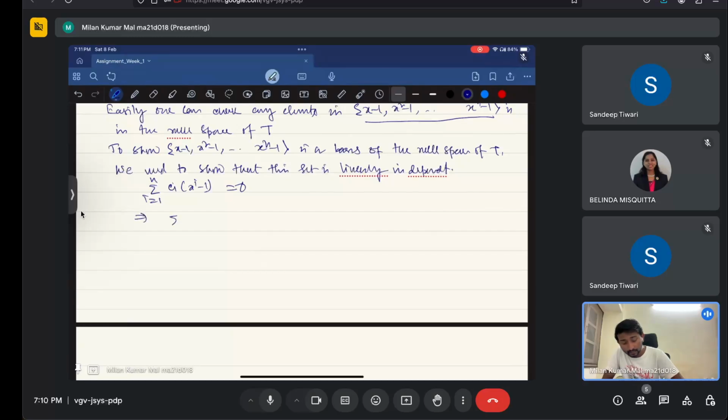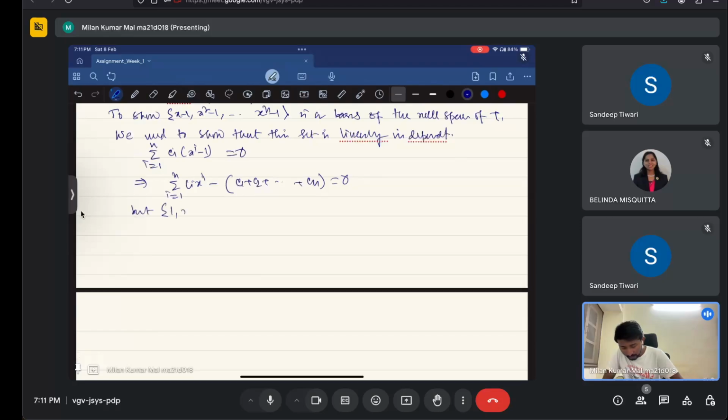That implies that the summation of i equals 1 to n of C_i x to the power i, minus (C1 plus C2 plus all the way C_n), is equal to 0. But the set 1, x square, all the way x to the power n is linearly independent. Therefore we will have C1 equals 0, equals all the way C2 equals C_n, and C1 plus C2 plus all the way C_n will also be 0.